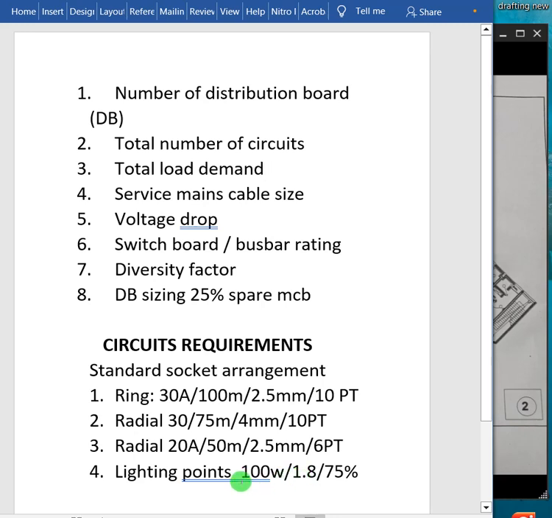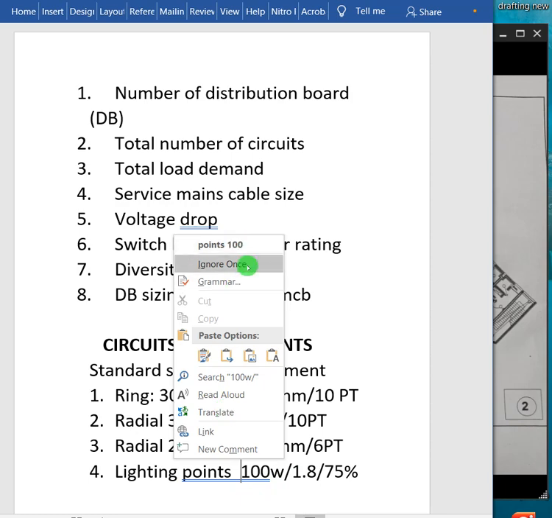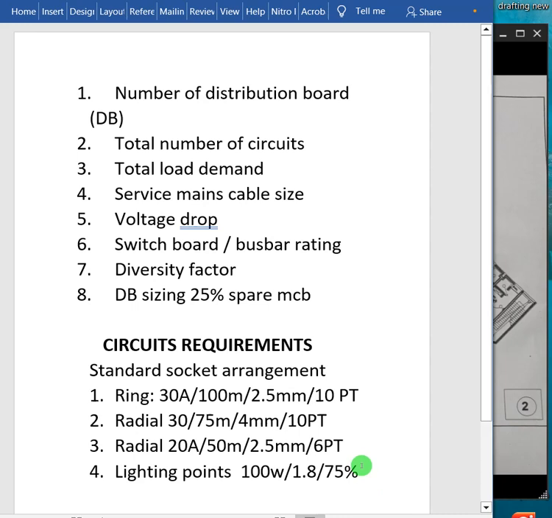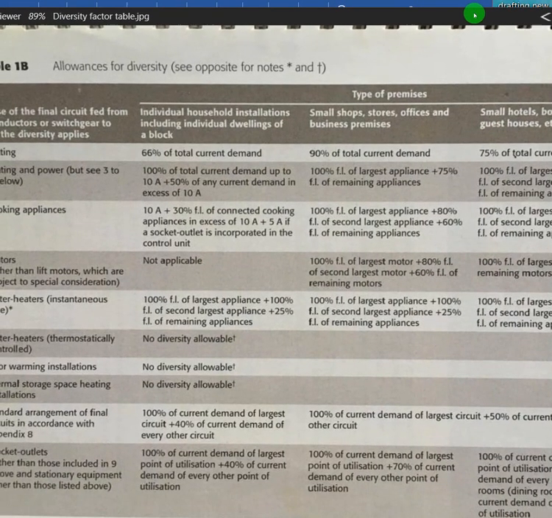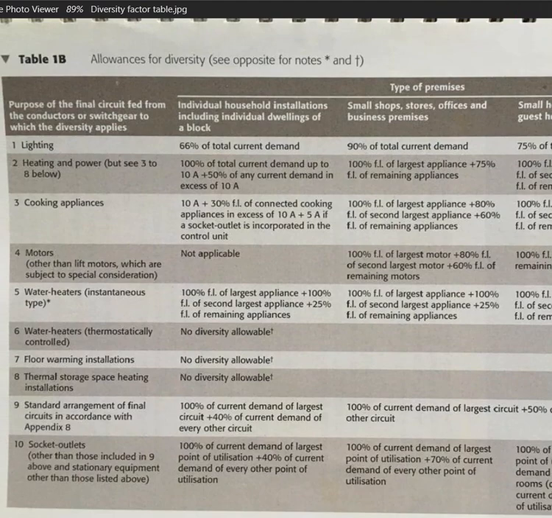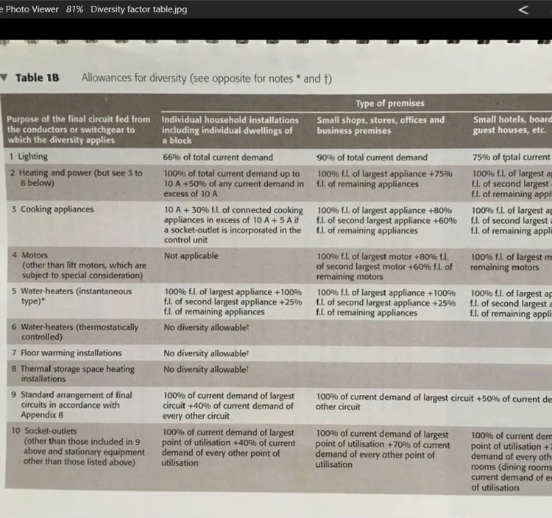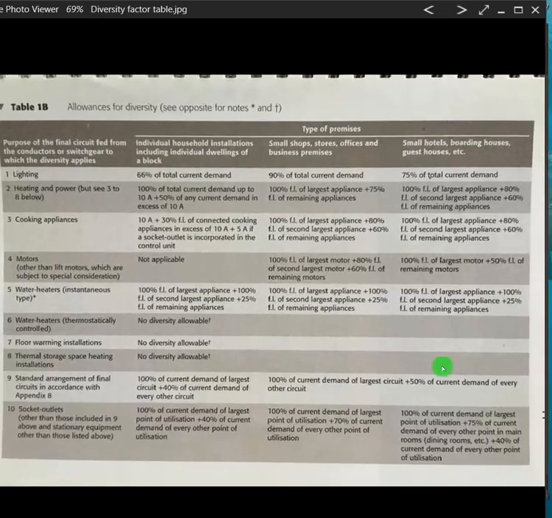Then we're going to use a diversity factor. So that diversity factor will fall into 75% for the lighting. Okay, let me show you our diversity factor table. This is our diversity factor table.